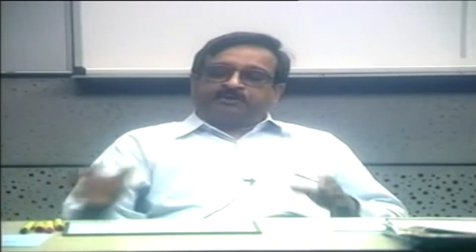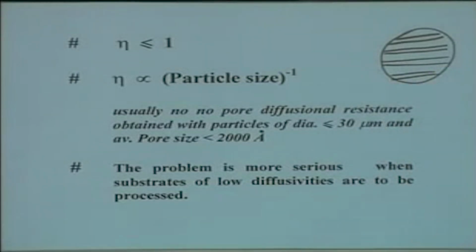You see, normally if we take an ordinary spherical particle where the pores are very uniform, say, for example, you have a sphere where your pores are just identical, as in the case of controlled pore glass, then the path of diffusion is linear and of the same dimensions.